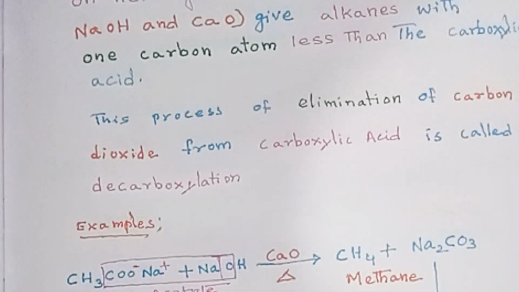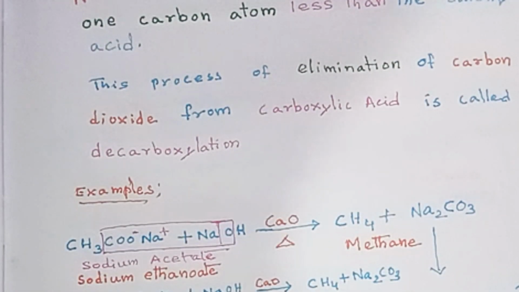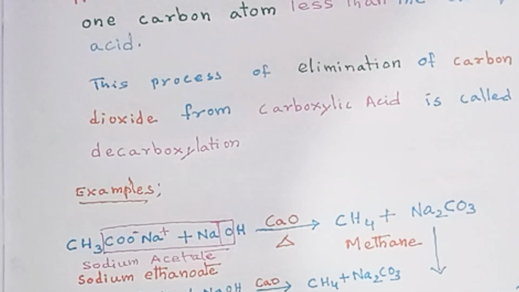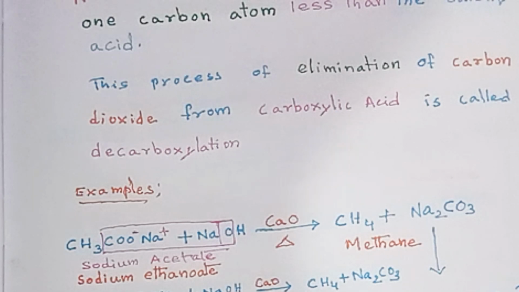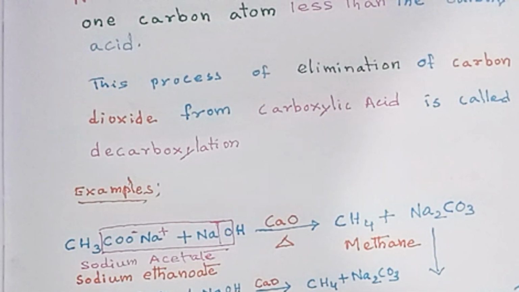Let us see sodium propionate. Sodium propionate is C2H5COO minus Na plus. Upon treatment with soda lime, this COONa will combine with NaO of sodium hydroxide to give sodium carbonate and ethane.